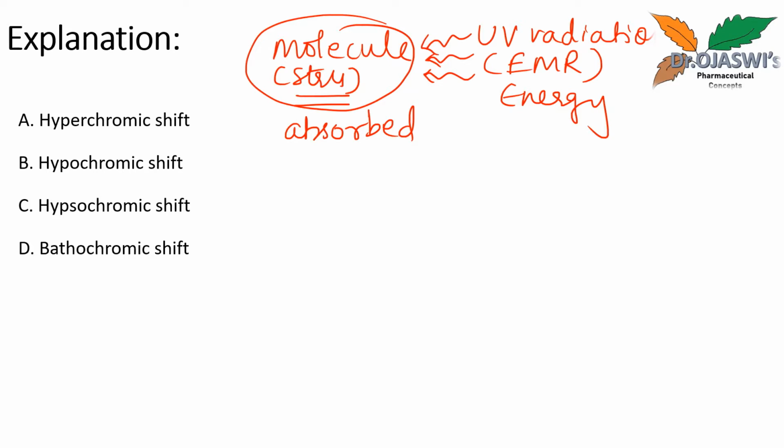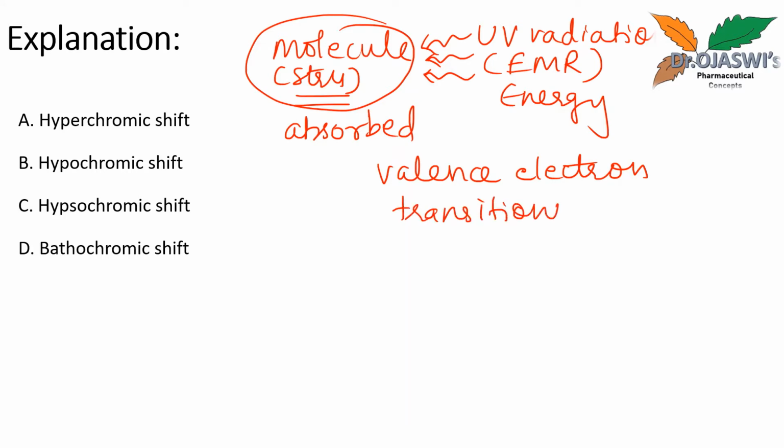After absorbing the energy, the valence electrons of the molecule show transitions from the ground state, and they move to the excited state.